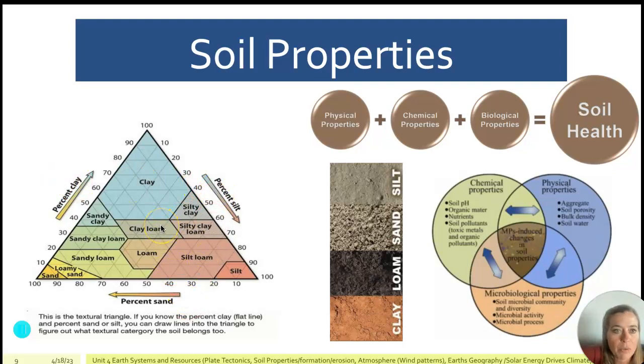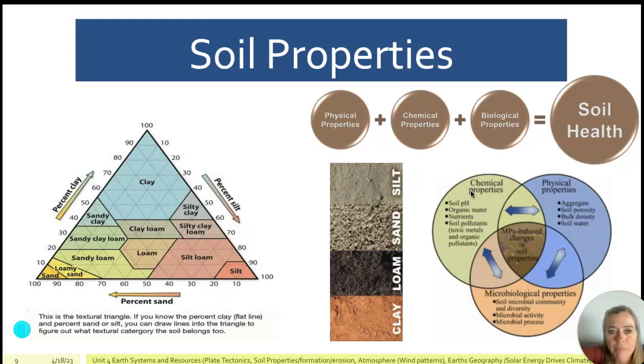And so then oftentimes in the AP exam, you'll be given something like, oh, it's 60% clay and 20% silt, and they won't even give you sand. It doesn't matter. You have 60% clay, 20% silt. Oh, I'm already right here. I can even tell you how much sand that will leave me. That will leave me exactly 20% sand, right? And you could have also done that by subtracting that from 100%.